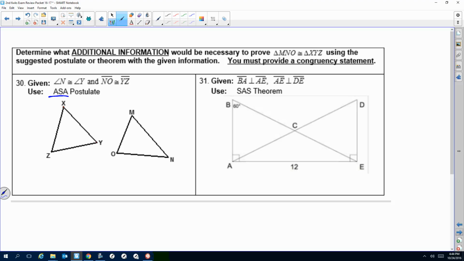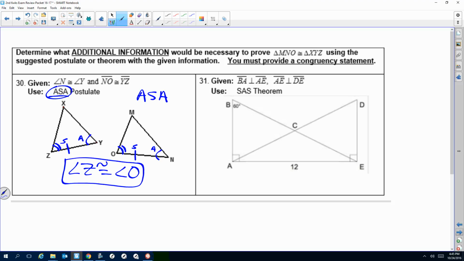So it's given that angle N is congruent to angle Y, and NO is congruent to YZ. We're using angle, side, angle. So right now I have an angle, I have a side. For me to have ASA, angle, side, angle, I need another angle. So hopefully we saw we need angle Z to be congruent to angle O. Okay, this is what you would have to get.